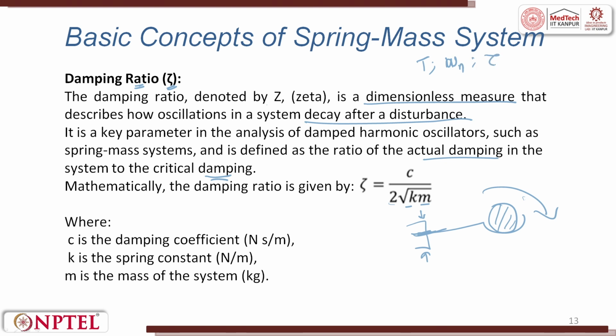When you talk about zeta, the damping ratio, again it comes. So, please be careful about the formulas. C is the damping coefficient, which is represented in units like Newton second per meter. The spring constant is Newton per meter and the mass is always in kgs.